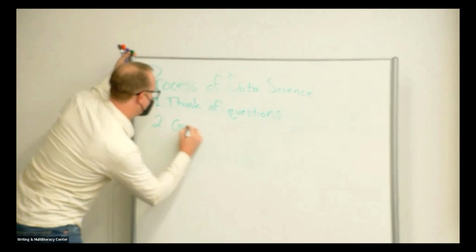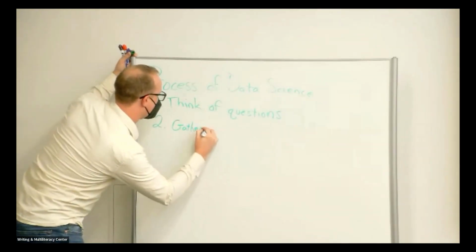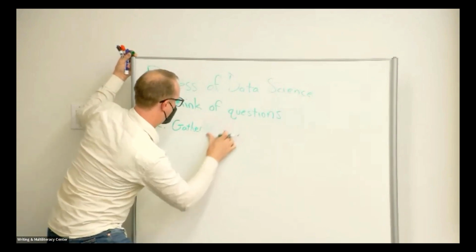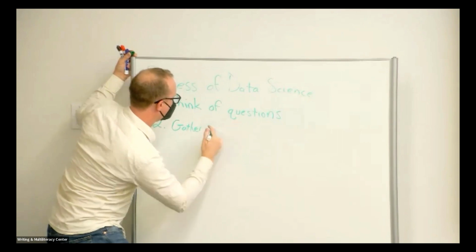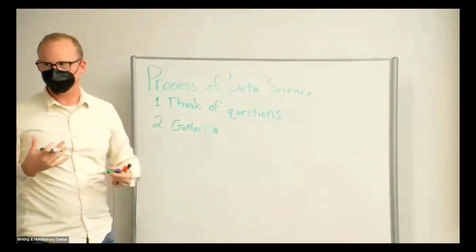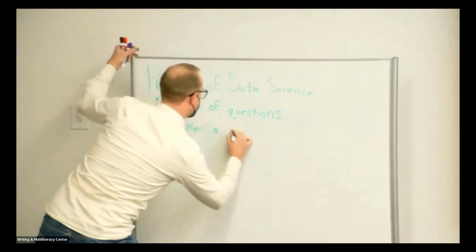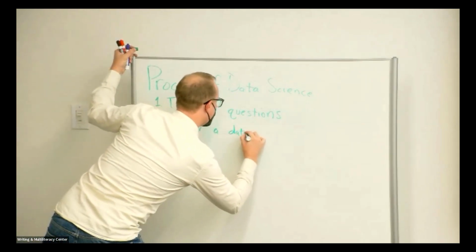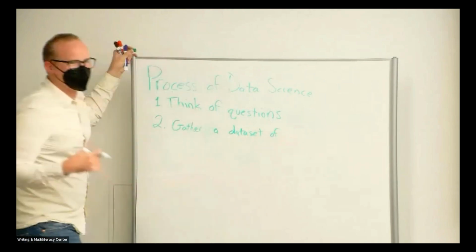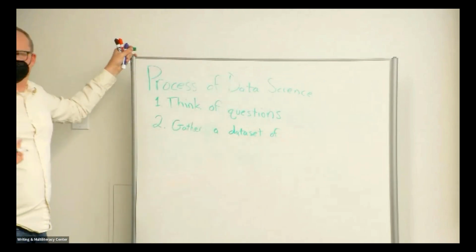Gathering the data set can be a long process, or it could be a short process, and it depends on whether or not you already have the structure in place to gather a data set of relevance at your institution. So if you're a scientist and you want to understand hadrons or whatever, you might have to build an entire facility to gather the data set.